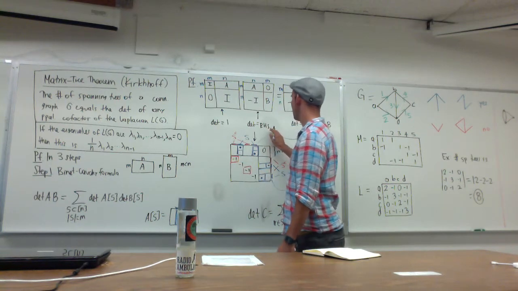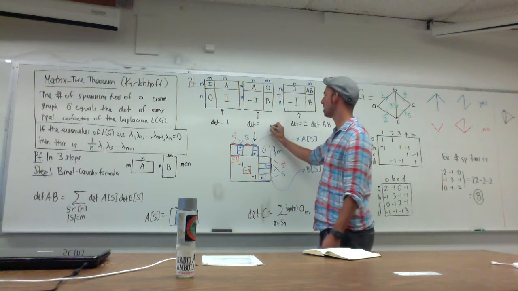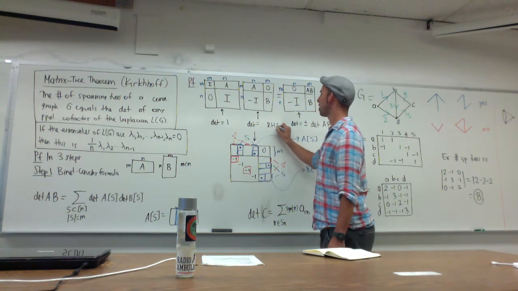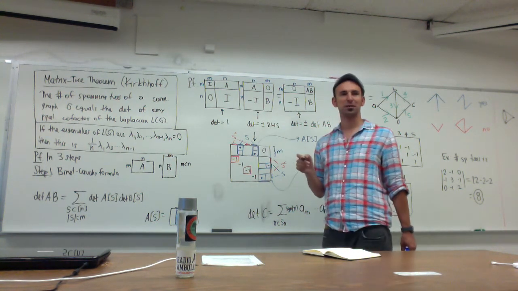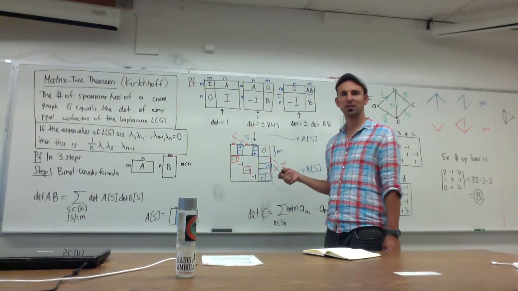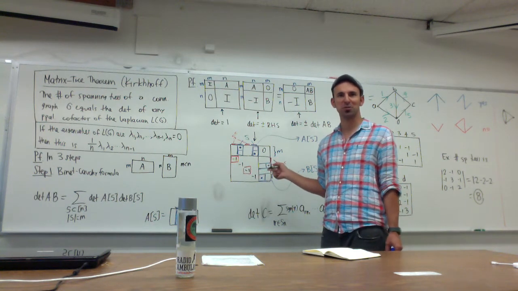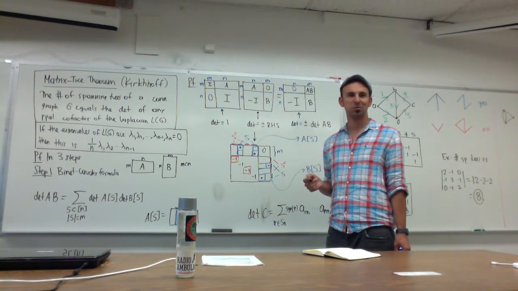So the determinant, at least this argument shows the determinant to the right-hand side, except you might be off by some sign because of all those -1s that are going around. And so you have to be a little bit more careful and just count the -1s and make sure that this works, but trust me, it works.